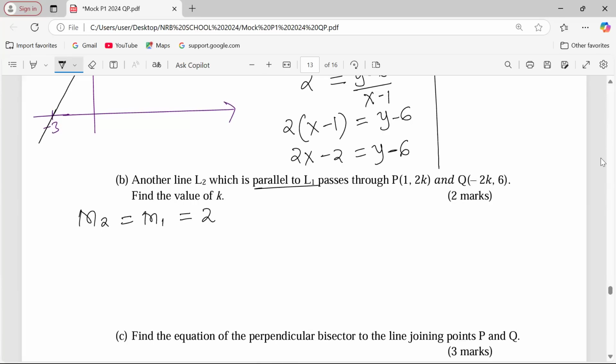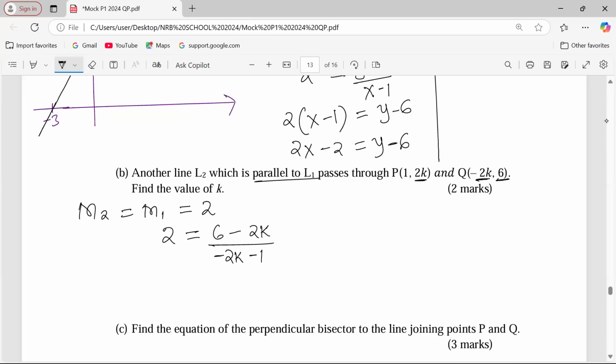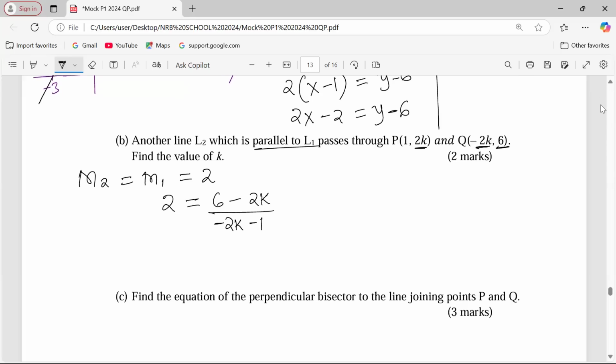How do we get the gradient now? 2 equals, according to the provided coordinates, change in y, 6 minus 2k, divided by change in x, -2k minus 1. Then now we can find k by cross multiplication. 2 into (-2k minus 1) equals 6 minus 2k. Then this will be -4k minus 2 equals 6 minus 2k.